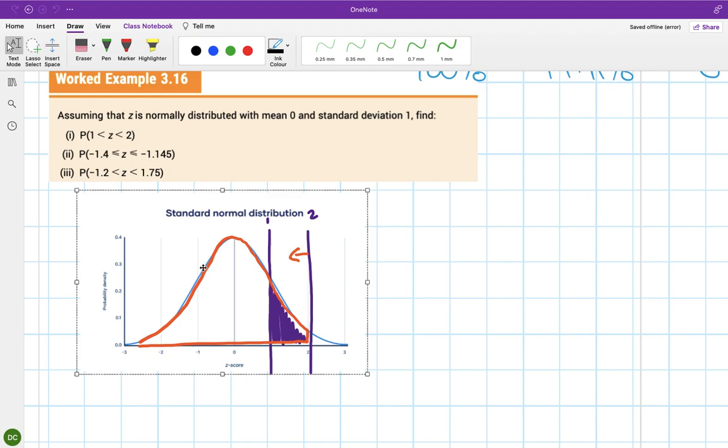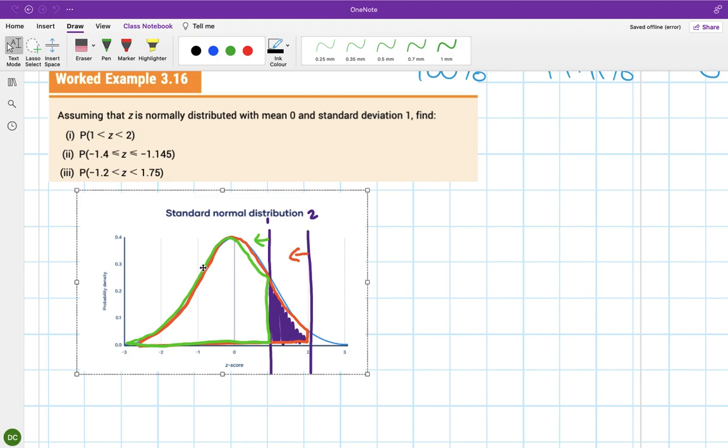If we then figure out the probability of it being less than 1, we get that bit there. And if you do the orange one minus the green one, then you've got the purple bit. So that's how you do it.